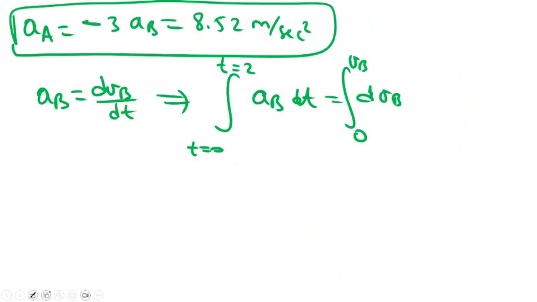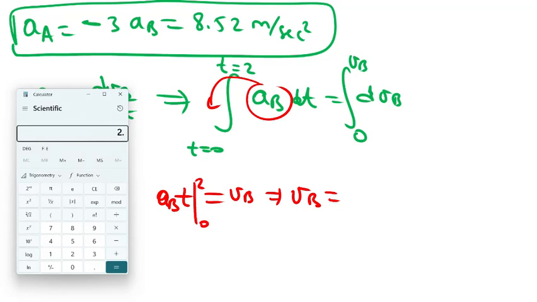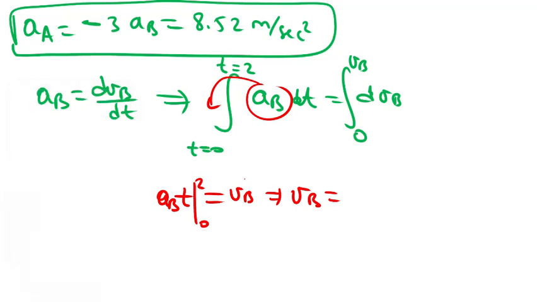So AB is constant, so we can bring it here. So it will be that AB times T will be equal to, from 0 to 2, then VB. From here it follows that VB is, AB is negative 2.84, 2.84 times 2, 5.68 meters per second.